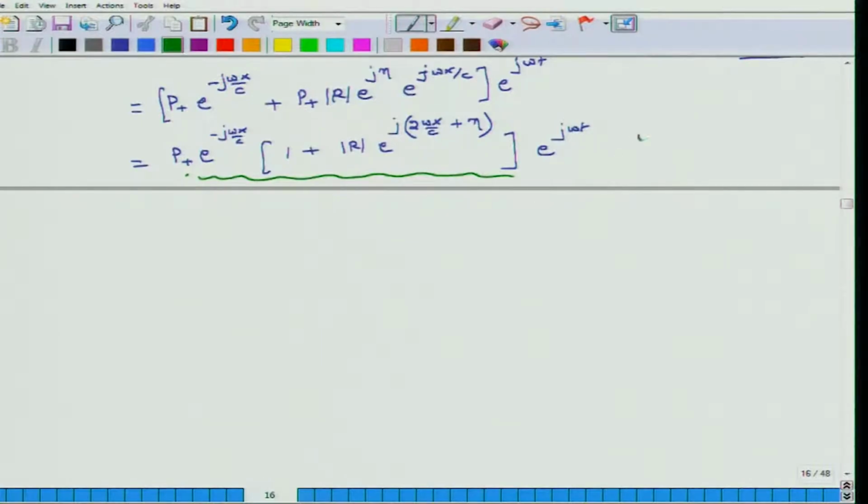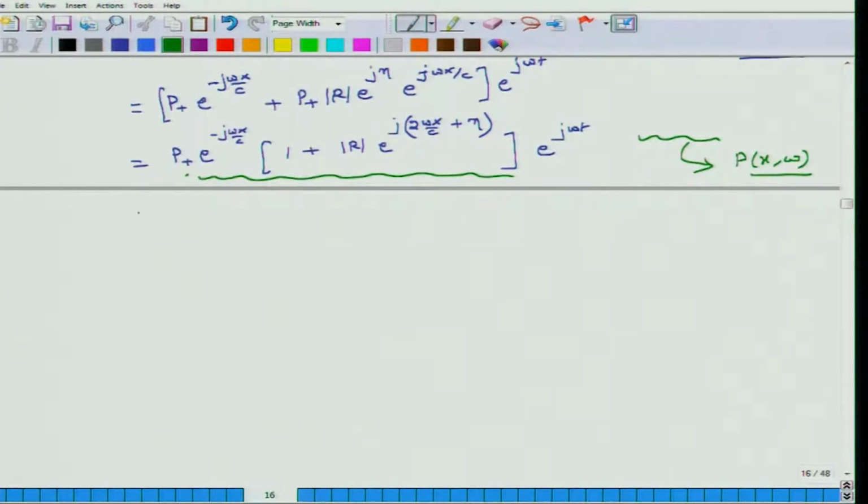This entire term, this green term, is nothing but the complex amplitude of pressure. Because what is a complex time quantity? It has a complex amplitude. This entire thing is complex amplitude times e to the power of j omega t. So this is P of x and omega.